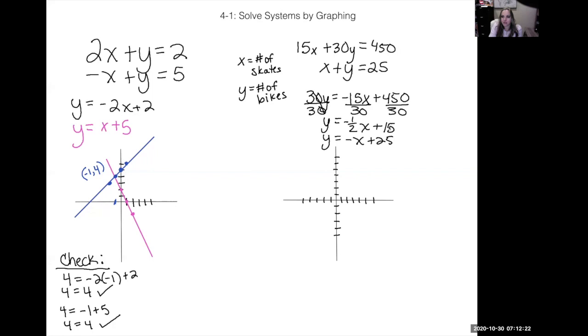So I need my y-intercept to be at 15: 5, 10, 15. And from there, I'm going down 1 over 2, right? Well, it's okay since you're scaled at 5s. If you keep it scaled when you go down 1 over 2, it'll still show the proper slope.